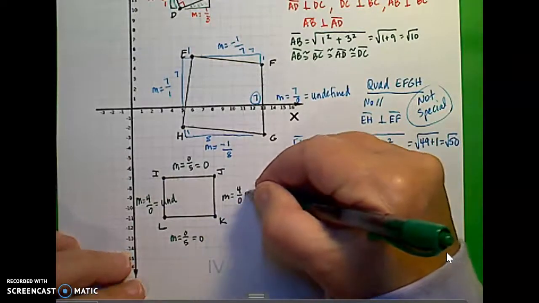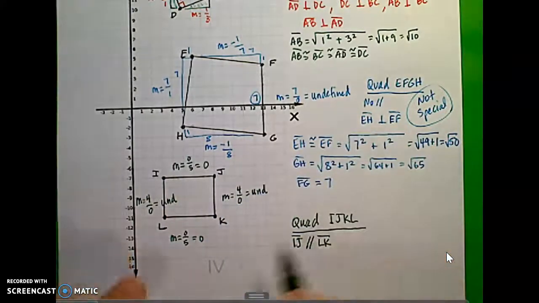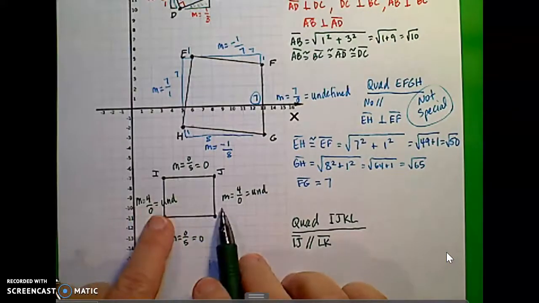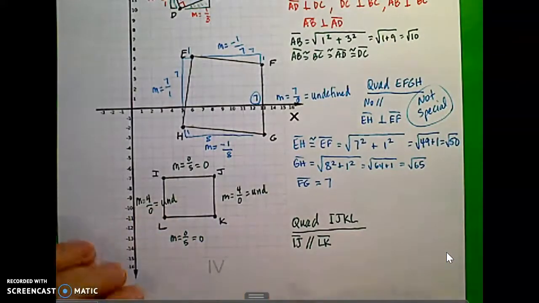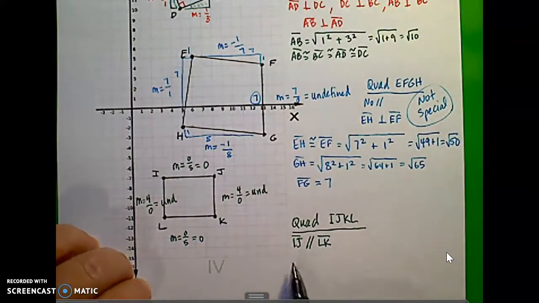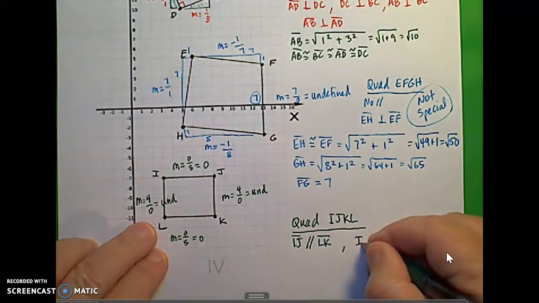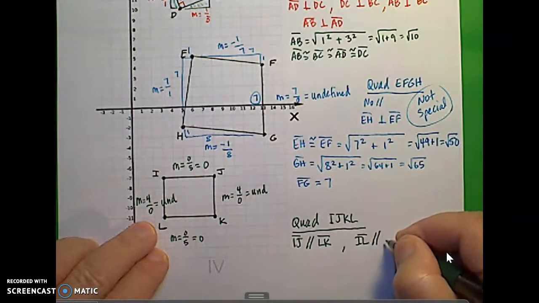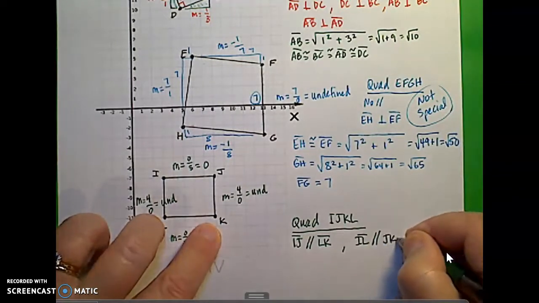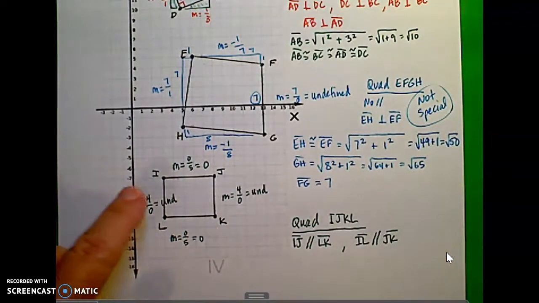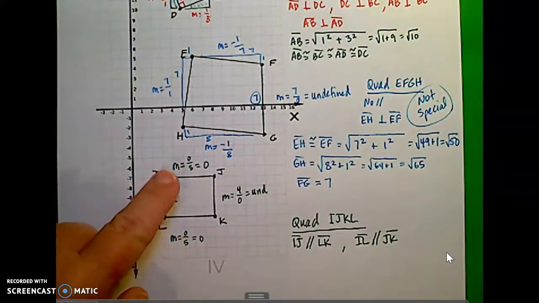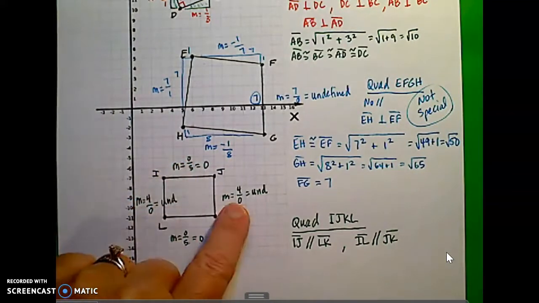X value change is 0. This one is also undefined. Those slopes are both undefined, so those are also parallel lines. They're both vertical. So let's write that out. IL is parallel to JK. So we have a shape that has opposite sides that are parallel.